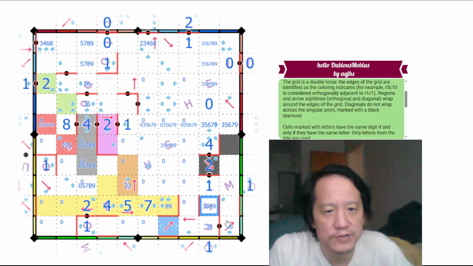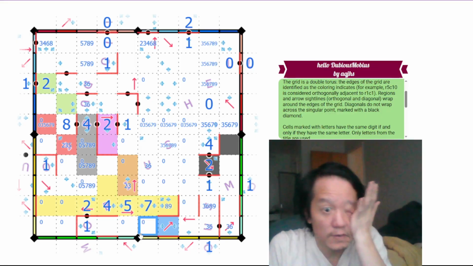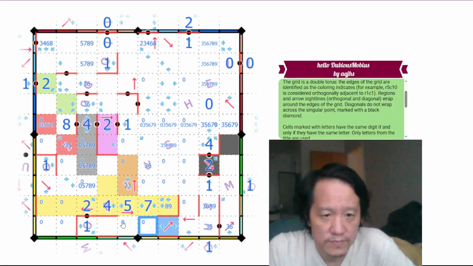Not be 5 or 7. So far it's looking okay. Obviously it's very restrictive, but that seems fine.